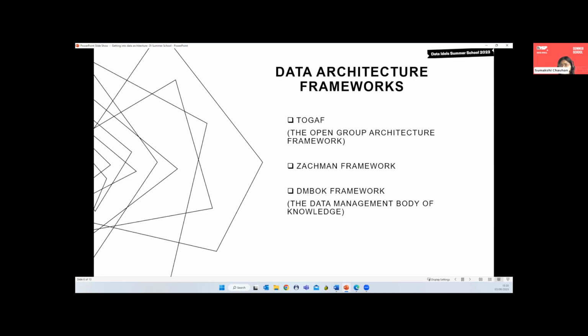The second framework here is the Zachman framework. It's personally one of my favorite frameworks because it helps me maintain and document all of the expectations and documents from the business stakeholders. This framework helps in understanding and documenting the relationship between various viewpoints of the data architecture.